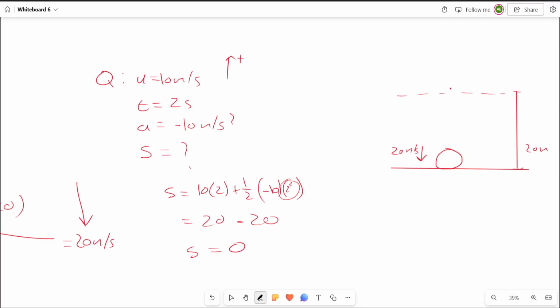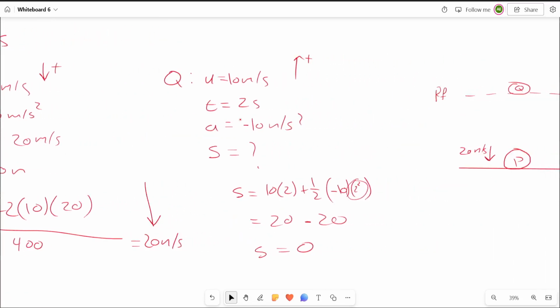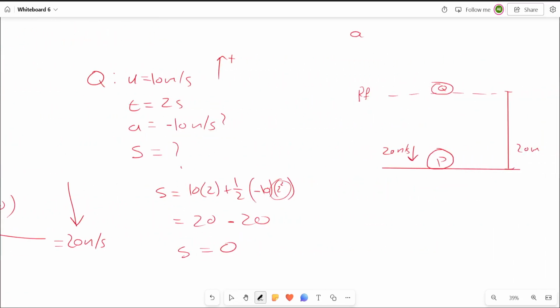It means that from here, because this is now my reference point for q, my s of 0 means that q now is here. So this is q. This is p. Because when I calculated the things for q, I started from here. So when I have an s of 0, it means that q is now here as well. Okay? So now q is here. This is after 2 seconds.